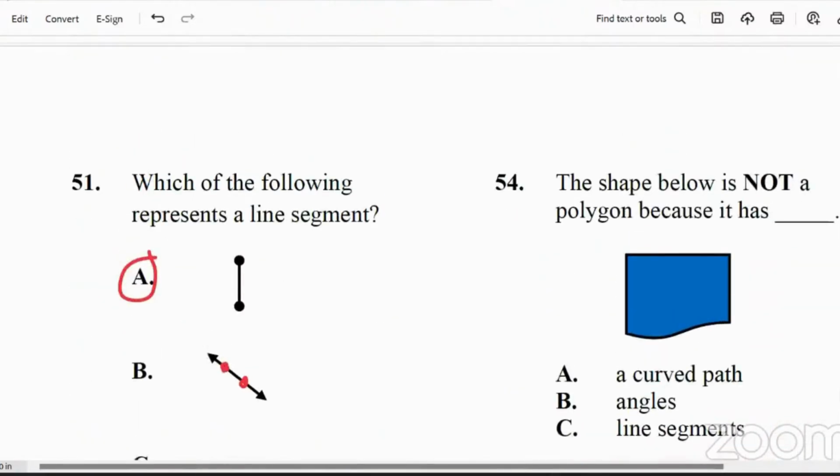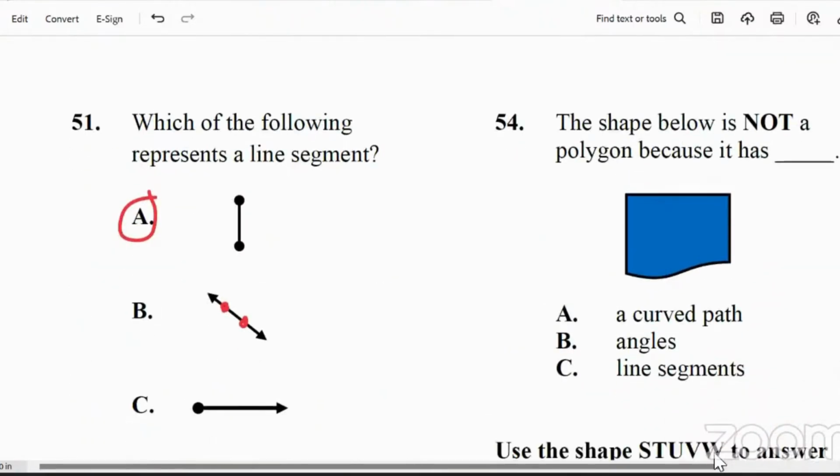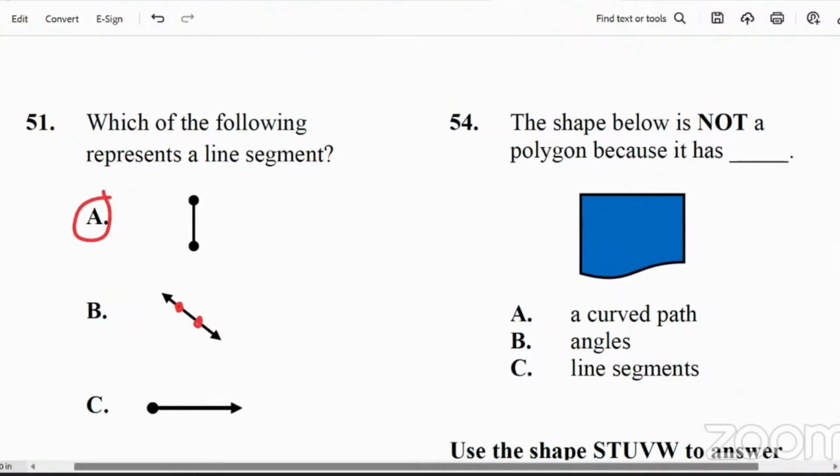Now let's get to question 54. All right, it says the shape below is not a polygon because it has, is it a curved path, angles, or line segments? So it's not a polygon because it has a curved path, okay? We need straight lines.